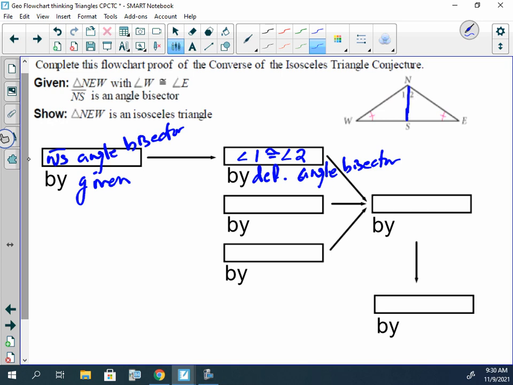What else do we know? Angle W is congruent to angle E. That is given to us. It was just told to us that that's true, yes?